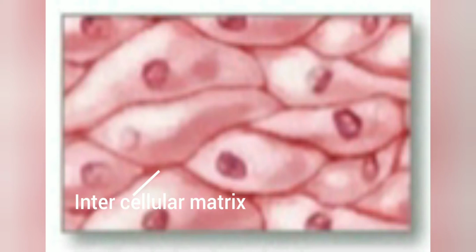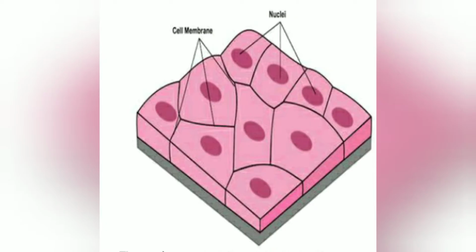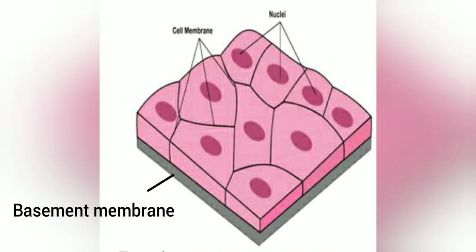Inter means in between, cellular means cells. So here you will find the cells of this tissue are very compact and they form a very little intercellular space or matrix. These cells rest on a non-cellular basement membrane.